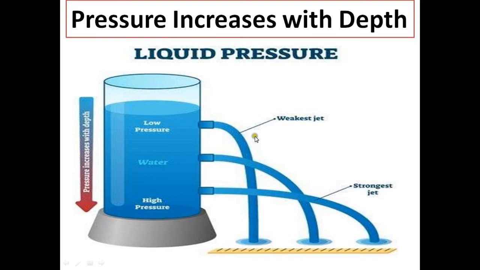The outlet at the top is the weakest jet, and the middle one is in between the strongest and the weakest outlets. So we can see that the pressure increases with depth. As you go from top to bottom, increasing the depth, the pressure is also increasing. With this we conclude today's lesson.